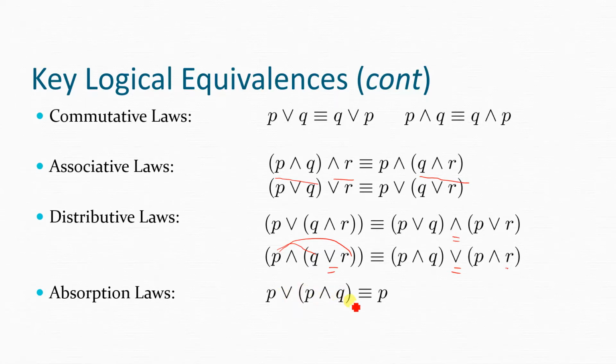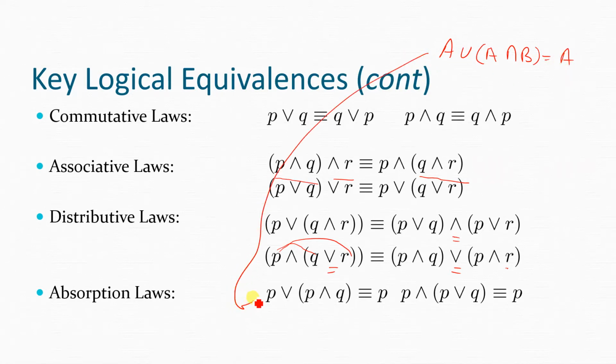Similarly, P and (P or Q) is also equivalent to P. You would have learned in sets that A union (A intersection B) is equal to A. So similar is the case in propositions. The other absorption law in sets is A intersection (A union B), which is again equal to A. This in fact corresponds to this propositional equivalence.